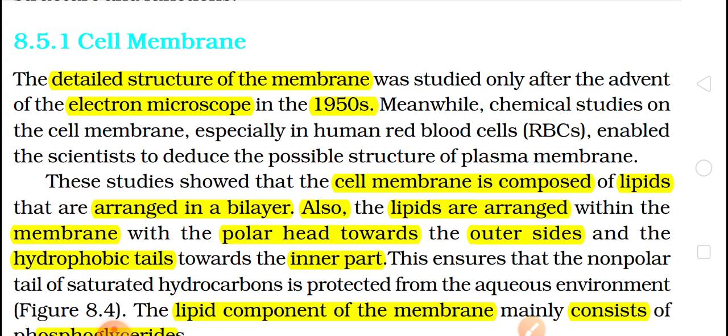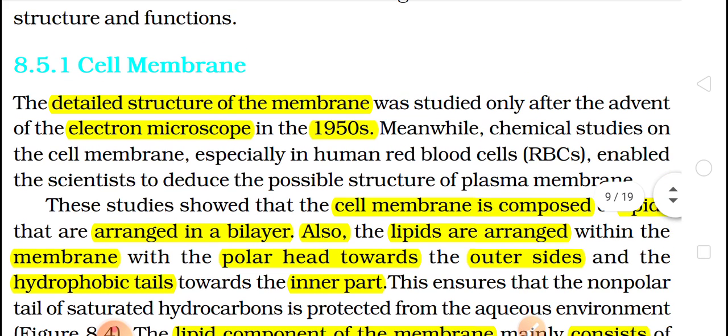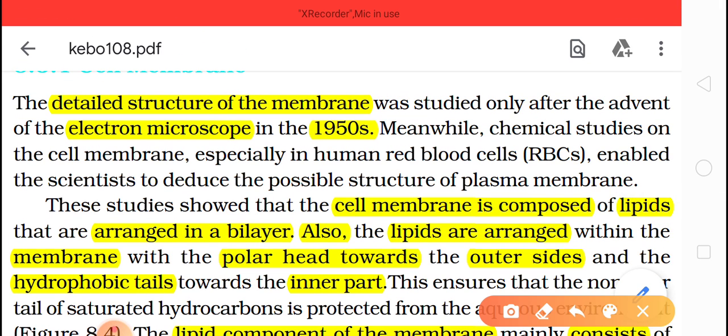Okay, so let's start about the cell membrane. Children, the detailed structure of the membrane was studied only after the discovery of the electron microscope in the 1950s. Before that we did not have details about the cell membrane.